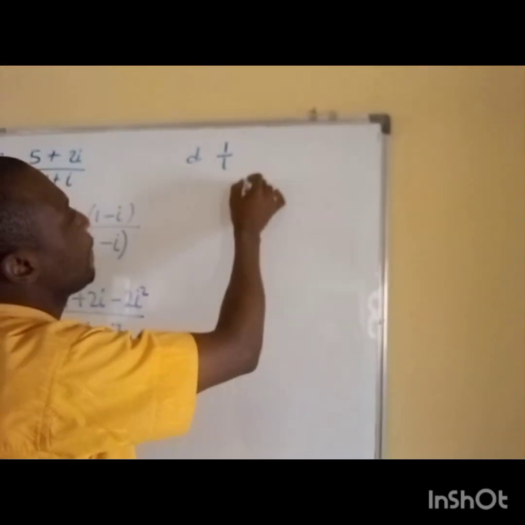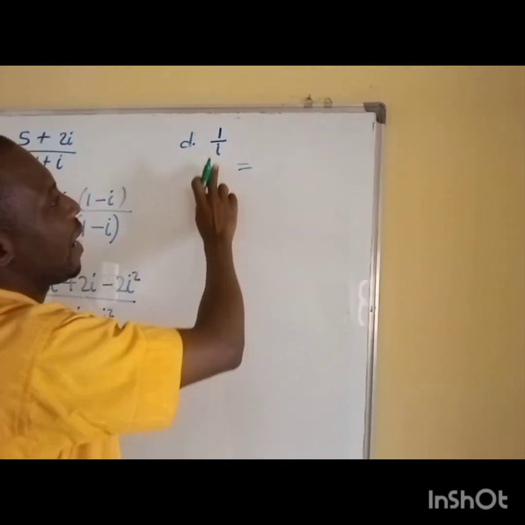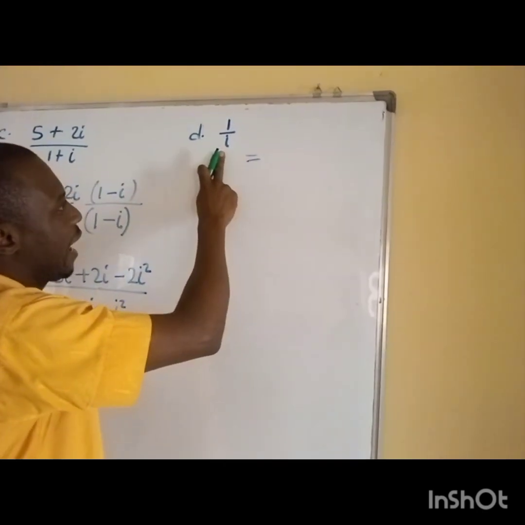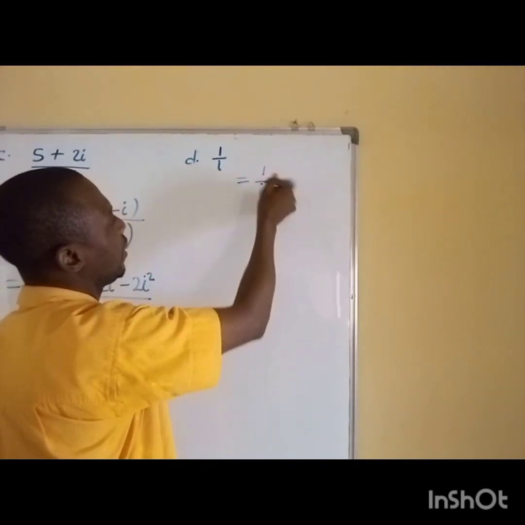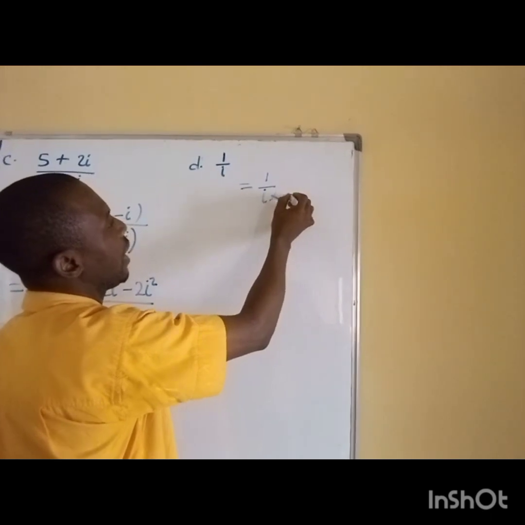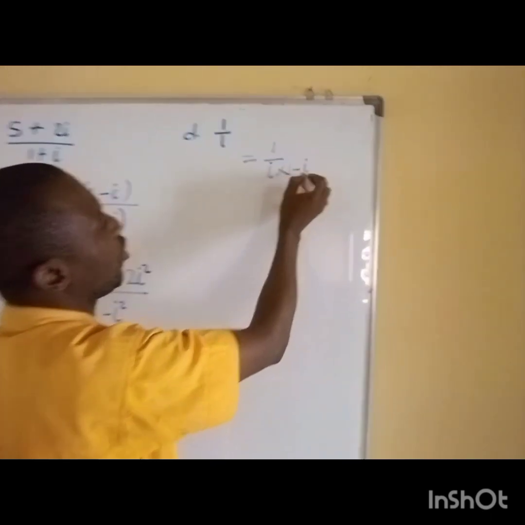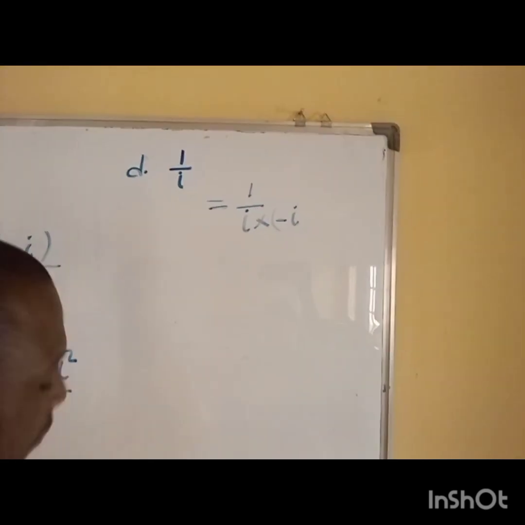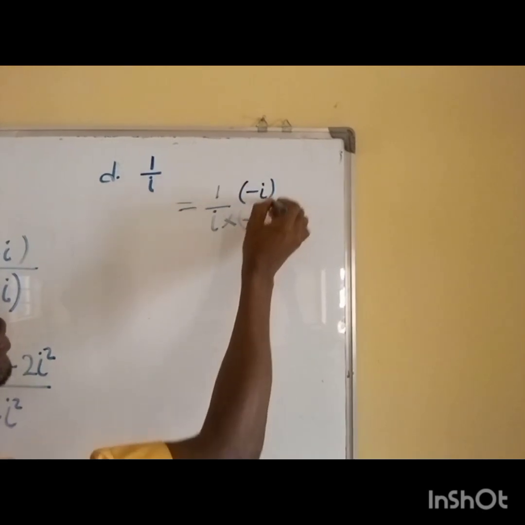Now remember, we'll multiply both the denominator and the numerator by the conjugate form of i. That is to say, 1 over i times minus i, which is the conjugate form of plus i. Now we'll also do the same thing to the numerator.